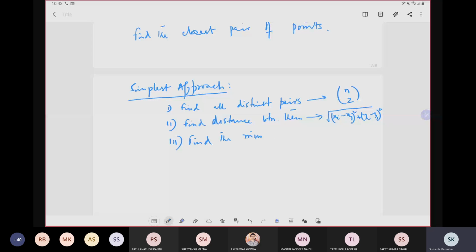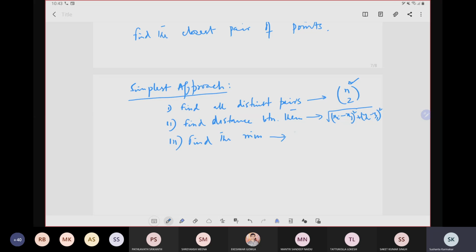What you need to do is you have all these n choose 2 values, because there are n choose 2 pairs, so you will calculate these distances. So you will have n choose 2 distances, and then you will scan one by one from left to right, and store the minimum in one particular variable.